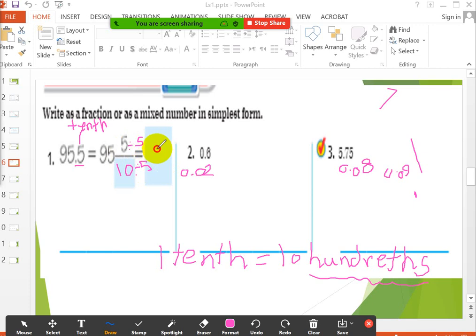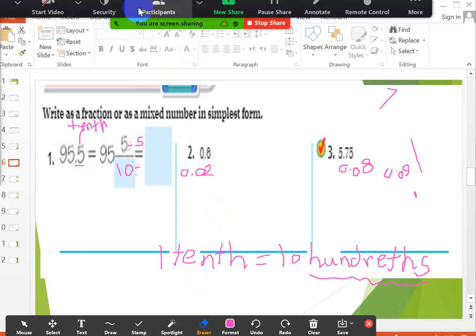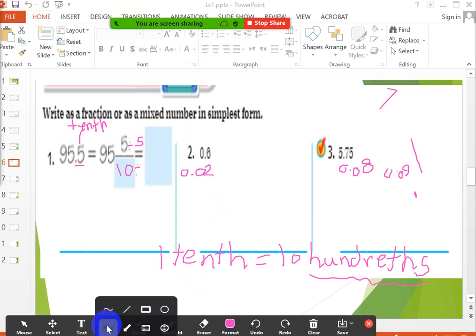Now, if you divide the numerator and denominator, the number will be what? The whole part is 95.